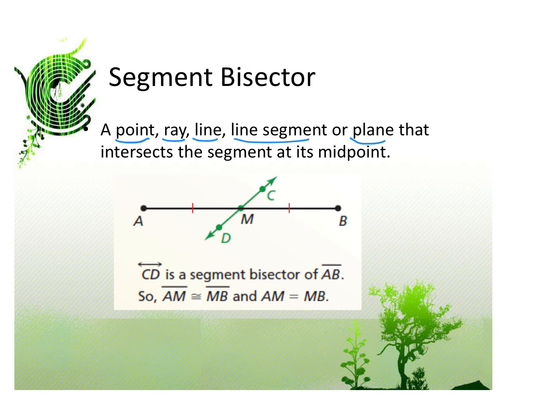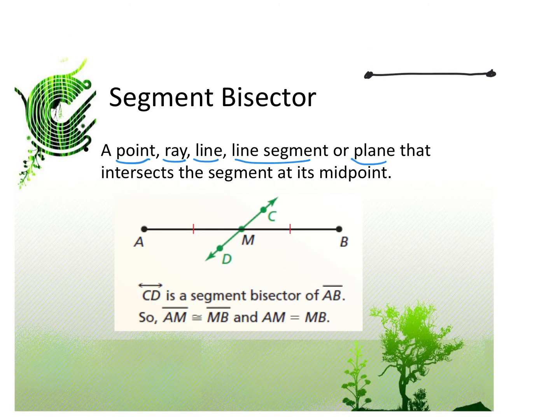All of these things can take a line segment and they can split it and bisect it or hit it at its midpoint. So for example, if I label this as AB, and if I put point M here, M could be a segment bisector, and M would be the midpoint.